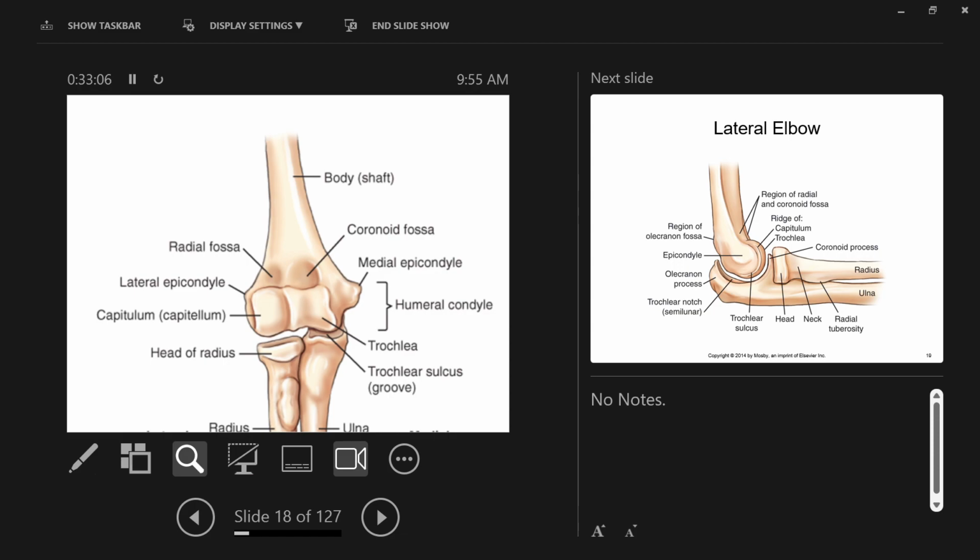Capitulum, from the word capitulate, has a root meaning to turn over or roll. Okay, so I think we did it. Body or shaft or diaphysis, condyles or epicondyles, coronoid, radial fossa, trochlea, capitulum, and then we already talked about the bony anatomy of the radius and ulna.